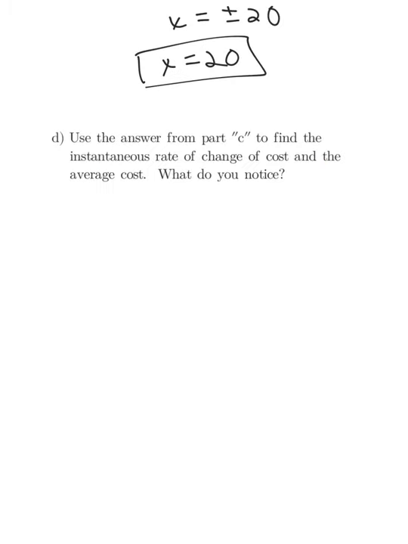On part D, we are asked to use the answer from part C, so our x equals 20, to find the instantaneous rate of change of cost. So this whole thing is telling me to find C prime of 20. Instantaneous rate of change tells me derivative.